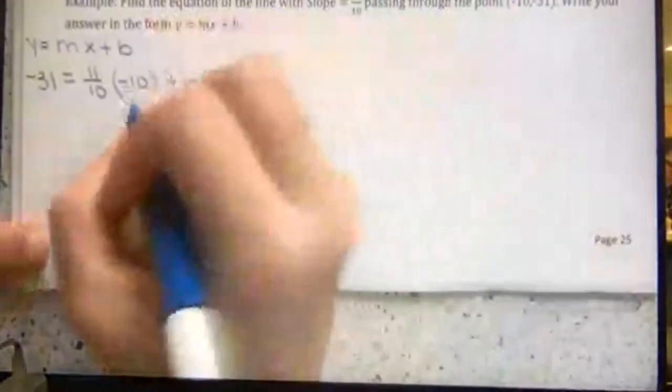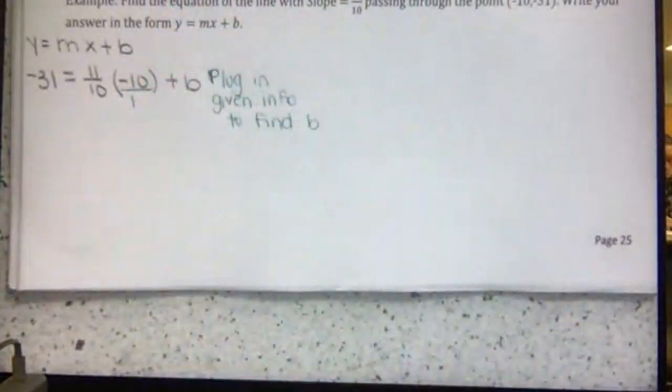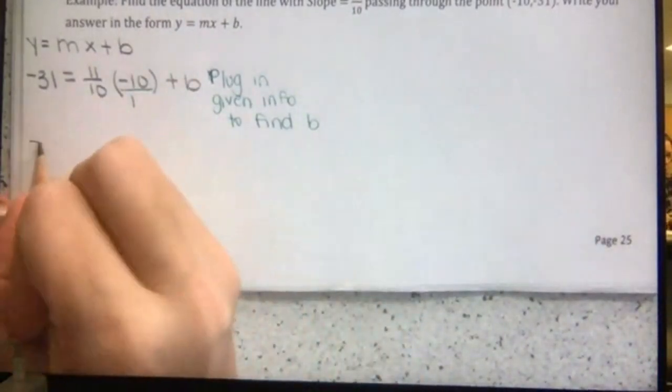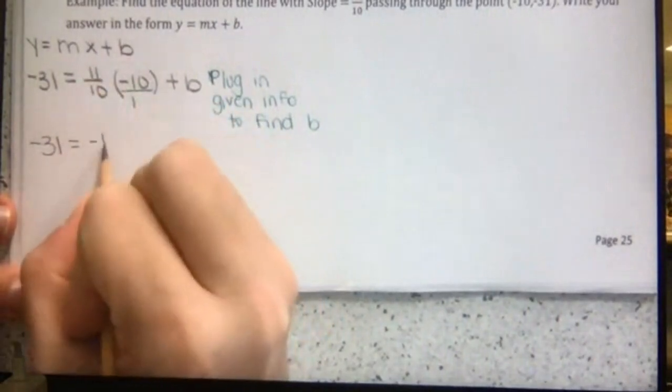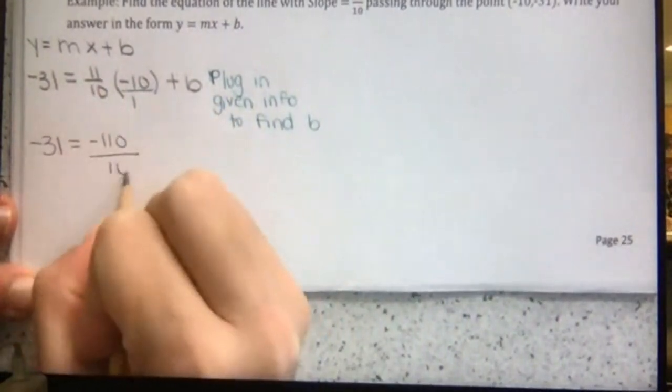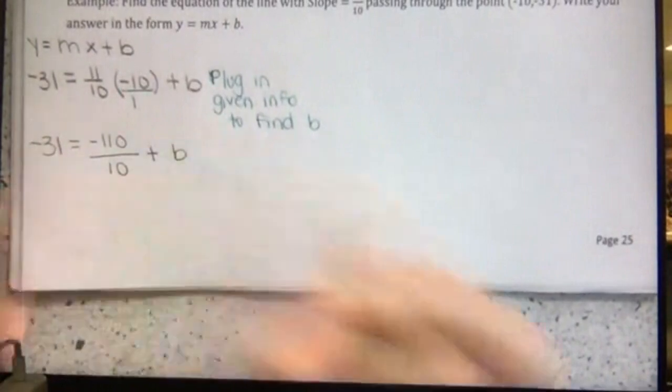So I can rewrite -10 as -10/1. Because remember, when you multiply fractions, top times top, bottom times bottom. So -31 equals 11 times -10, which is -110, all over 10, plus b.